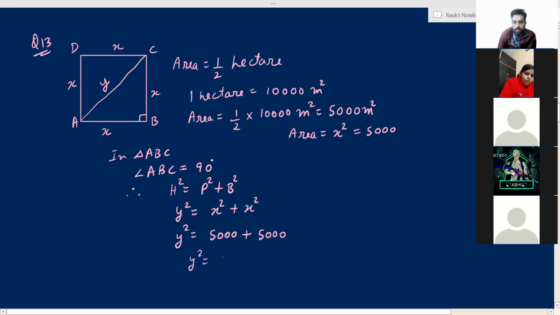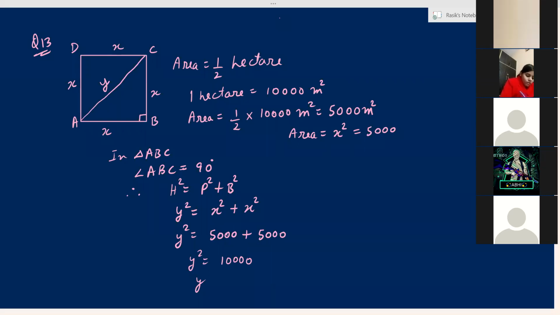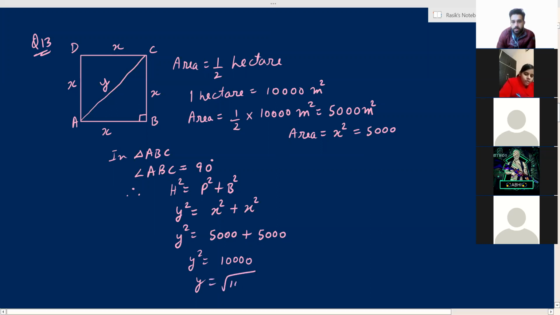So y square is equal to 10,000. That means y is equal to the square root of 10,000. When you find the square root of 10,000, you get y equals 100 meters. Answer: this is the length of the diagonal.